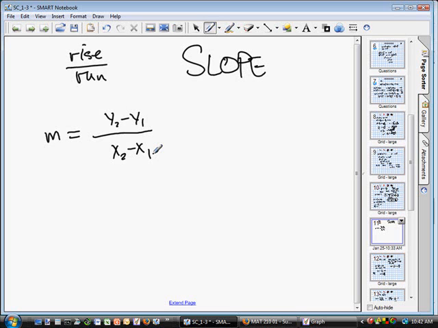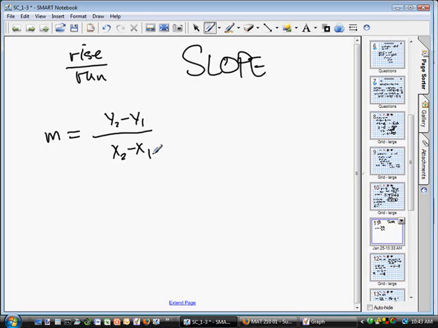Next section: write an equation of a line that passes through these 2 points. Where do we go with that? So if we were doing number 36, how would you begin? Find the slope. And to do that, you use the slope formula: y2 minus y1 over x2 minus x1. But now comes a question: which point is 1 and which point is 2?